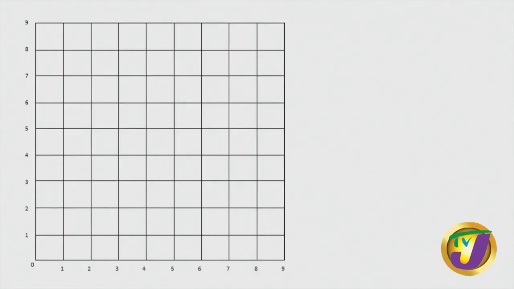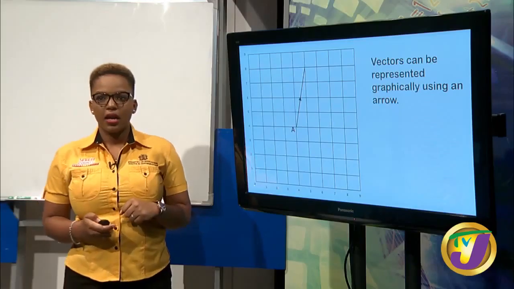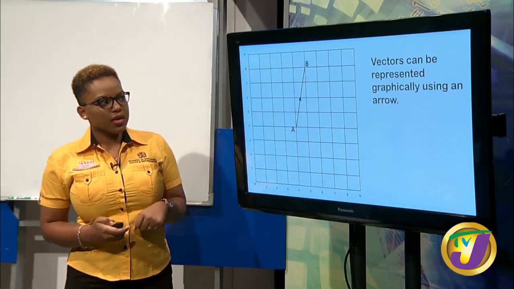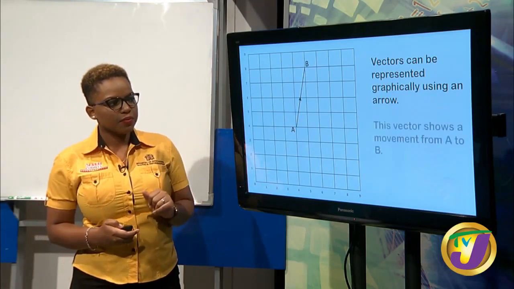All right. So I wanted to pay attention to my grid again. And vectors can be represented graphically using an arrow, as you are seeing on your screen here. And we're calling this vector AB.